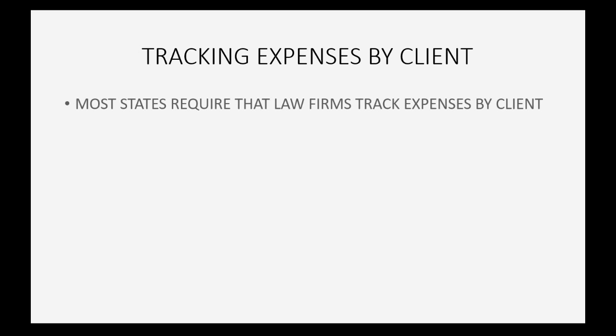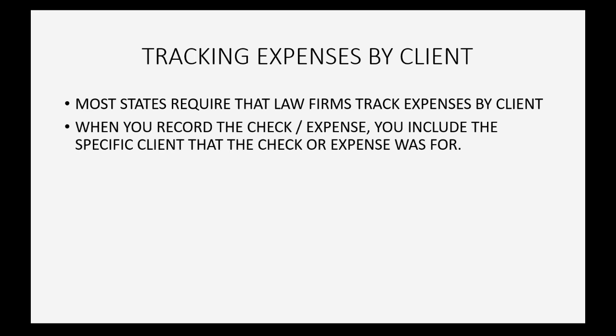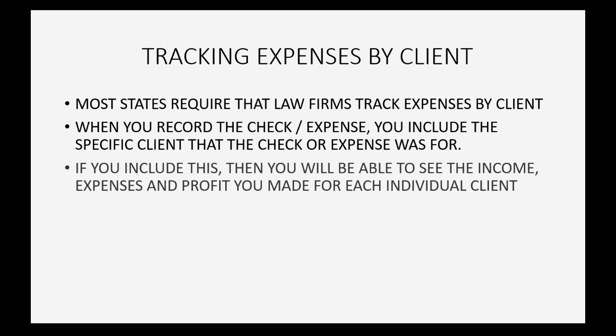Now, when you're tracking expenses by client, that's because most states require that law firms track expenses by client. And when you record the check or expense, you as a law firm must include the specific client that the check or expense was for. If you include this, then you will be able to see the income, expenses, and profit that you made for each individual client.